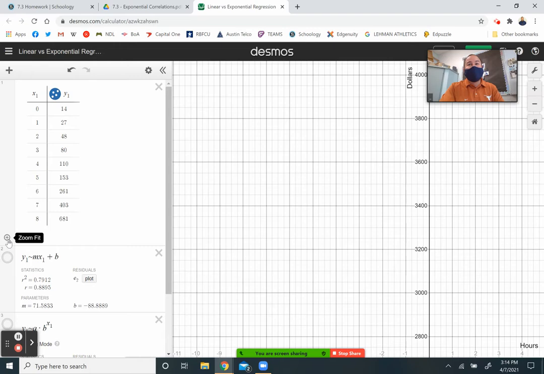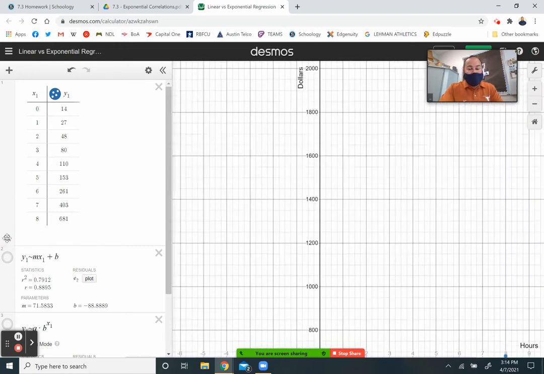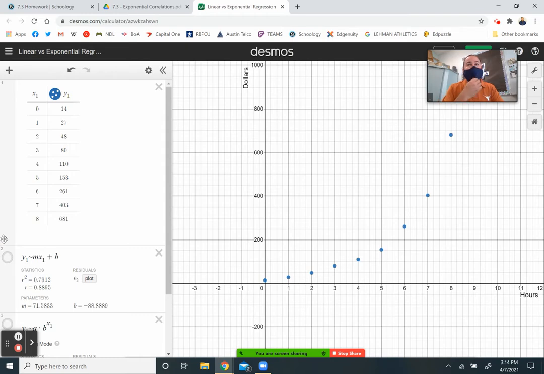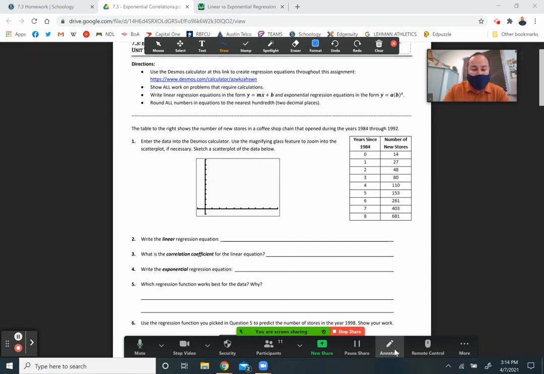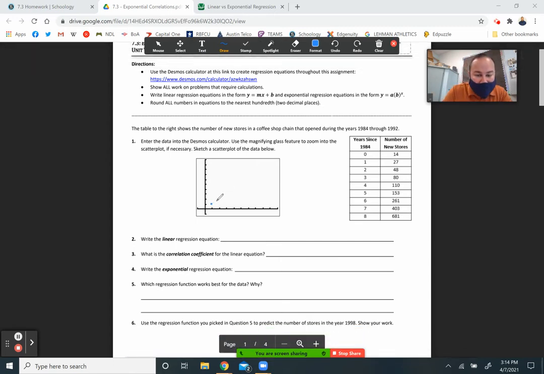If you're not, click this magnifying glass that says zoom fit, and it goes right to the scatter plot. And when I say sketch it, I literally mean just do a rough sketch. It does not need to be perfect. You don't need to label anything. I just want you to get in the habit of seeing the pattern.